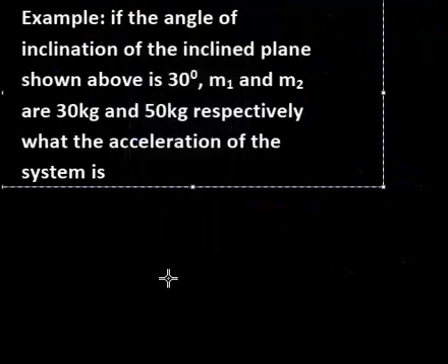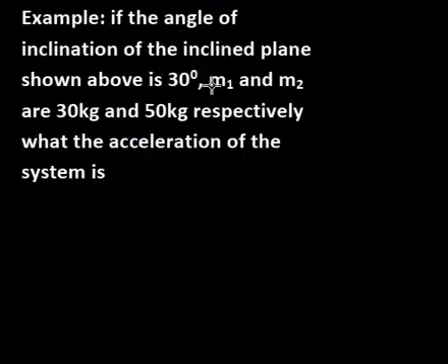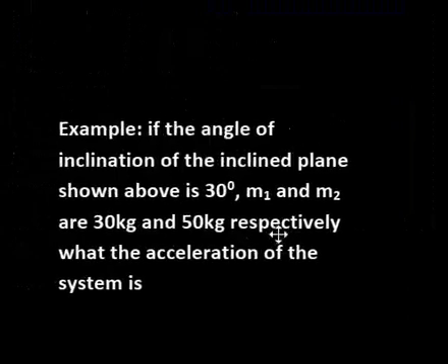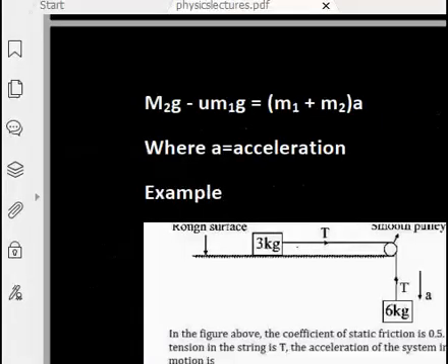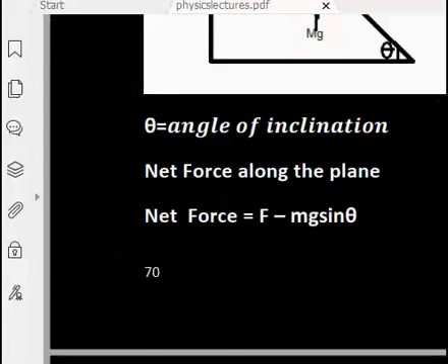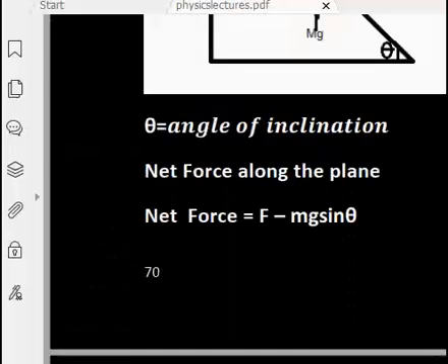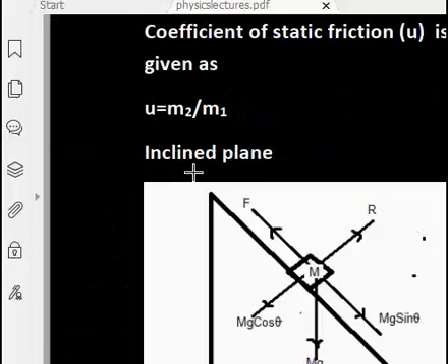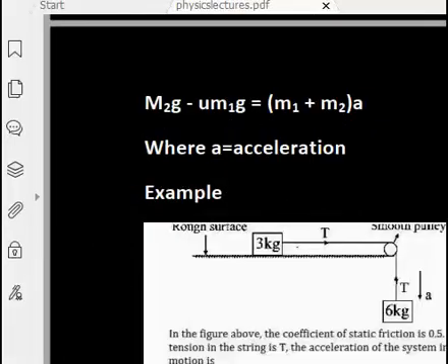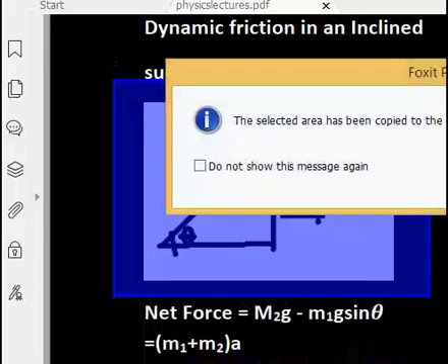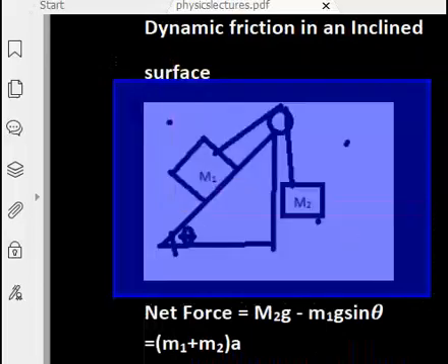This goes like this. If the angle of inclination of an inclined plane shown above is 30 degrees, and M1, M2, okay, so there's an inclined plane shown above, so I should bring that inclined plane. The inclined plane they are talking about is the one I used for the example.